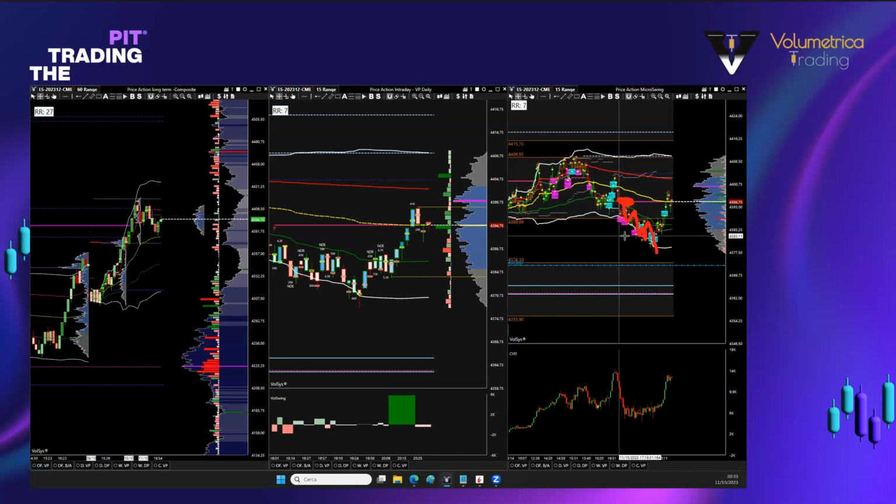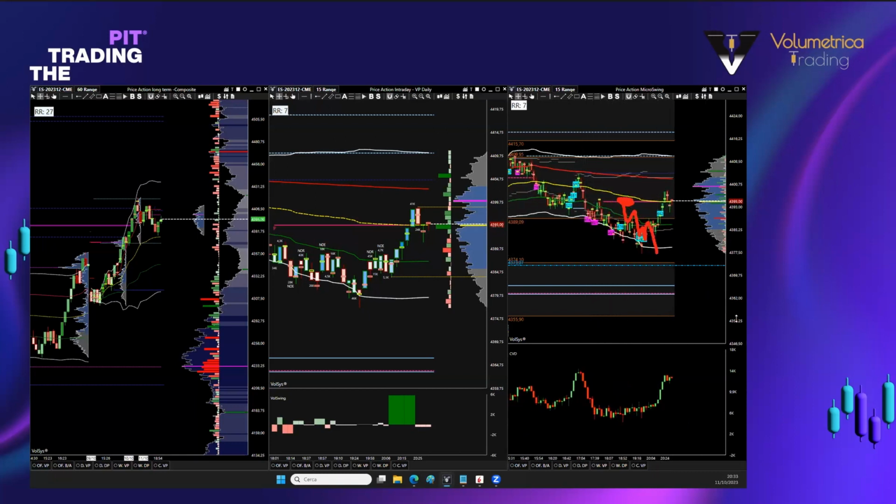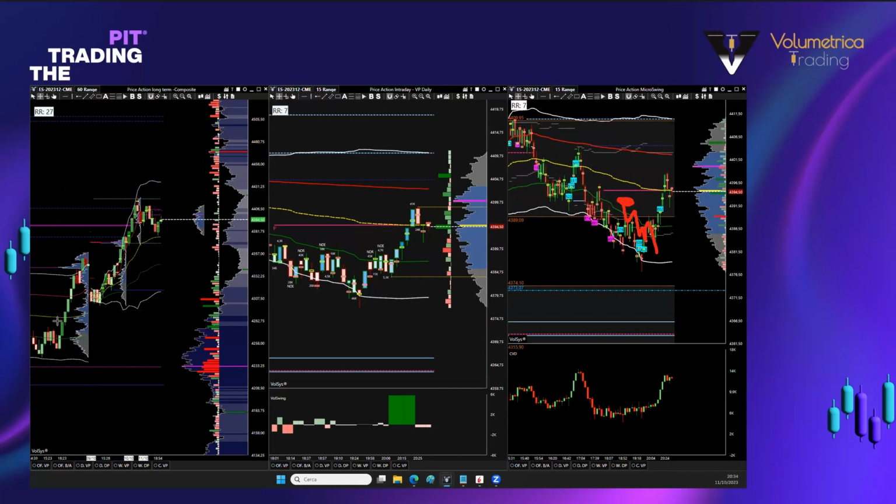Let's zoom out a little bit. The first thing I should be watching is the way delta moves every time the market makes a new swing low. So if I'm short here, the first thing I should be looking at is, is the market making a new low? Well, apparently yes.